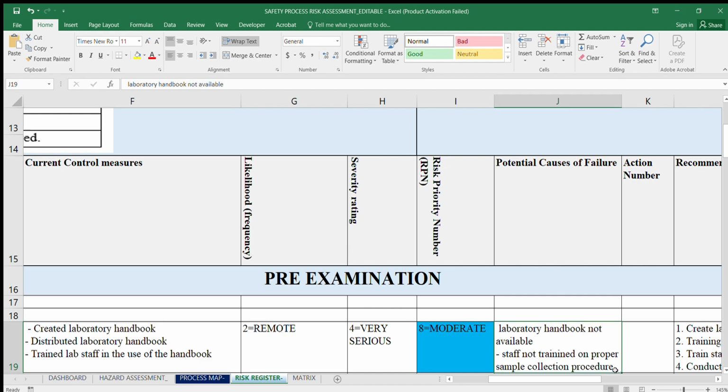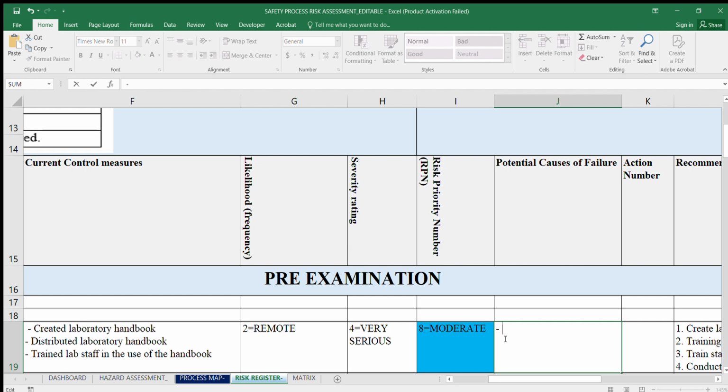So if we look at the scenario, and if we look at what is there, the laboratory handbook is available and staff are trained, so we can say the cause is that samples are being collected using a needle and syringe.